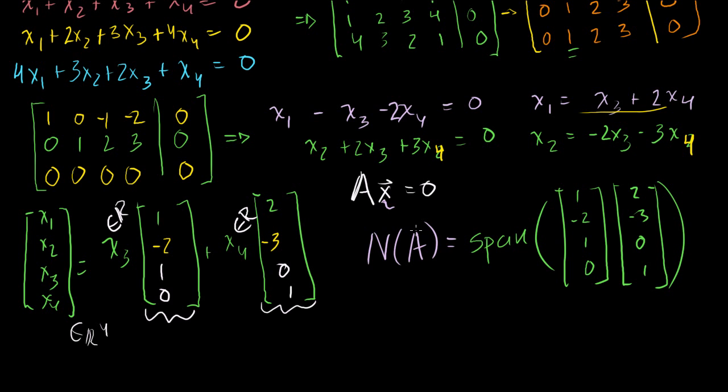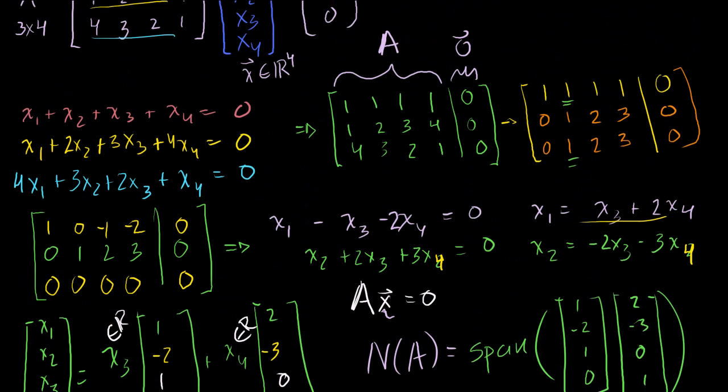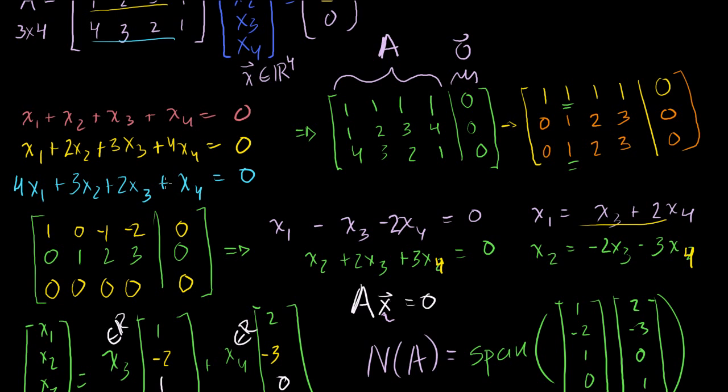And before letting you go, let me just point out one interesting thing right here. We represented our system of equations like this, and we put it into reduced row echelon form. So this is A and this is 0.